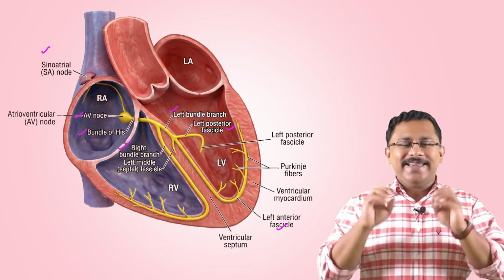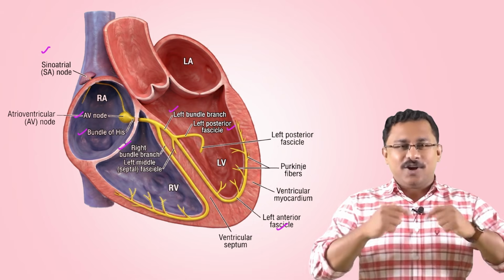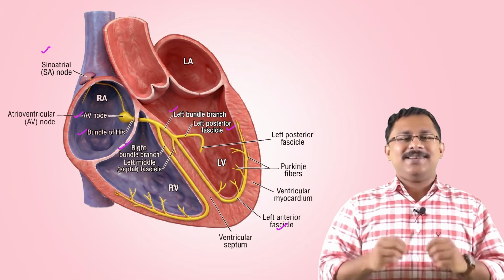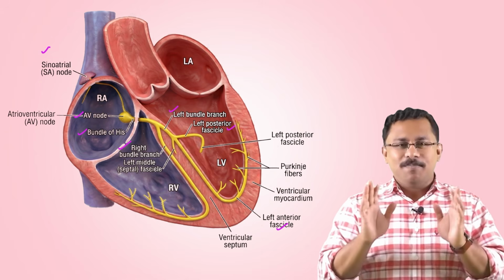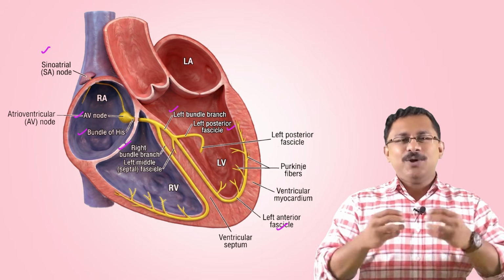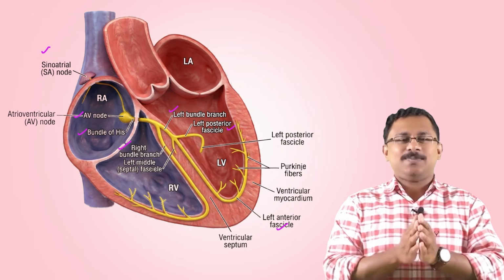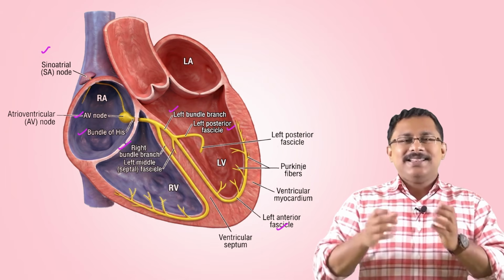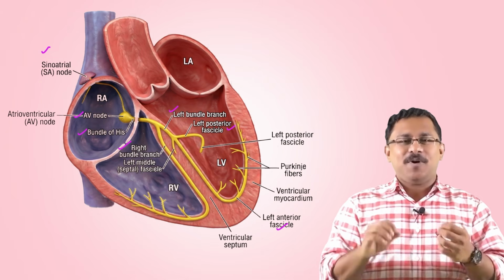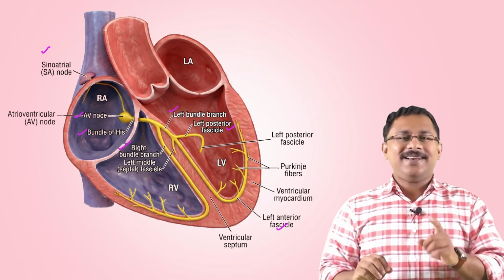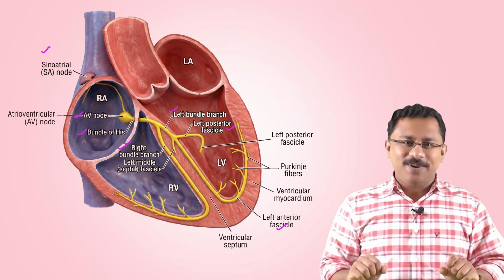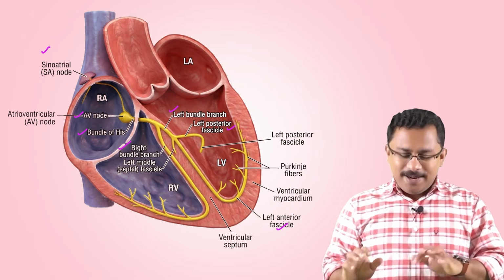So it is quite clear that the intraventricular conduction is dependent on the bundle branches. When you say QRS complex, it corresponds to ventricular depolarization, that means the summation of the depolarization of the left ventricle as well as the right ventricle. That is your QRS complex. Very clear.